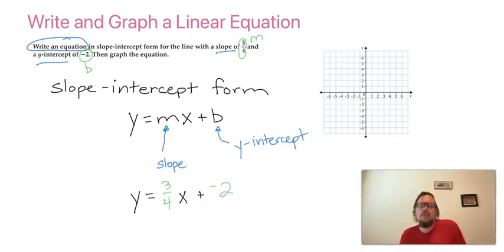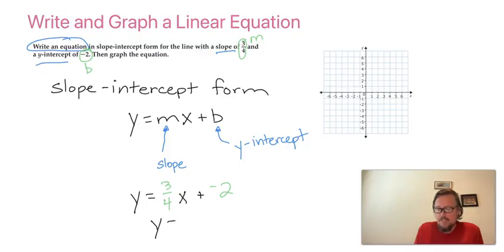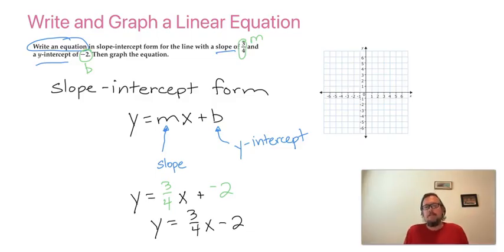So y equals 3/4 x plus -2. This is a great way to write the equation, but plus negative is the same thing as minus, so we could also just do 3/4 x minus 2, and that's an even better way to write it.